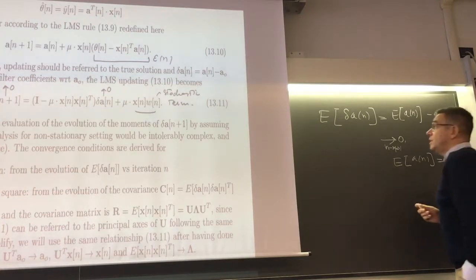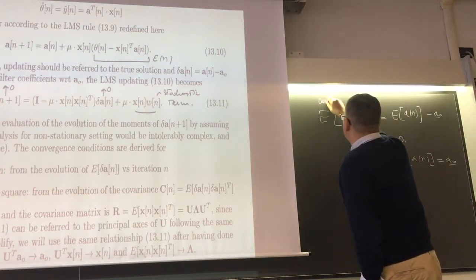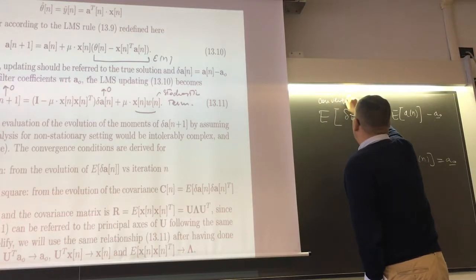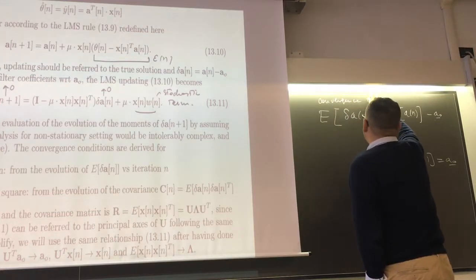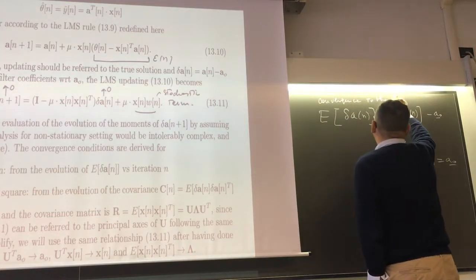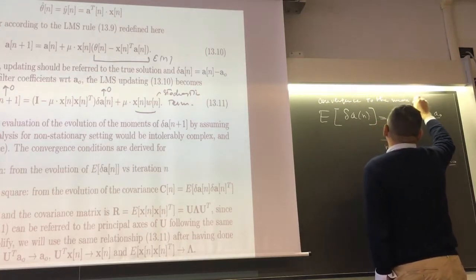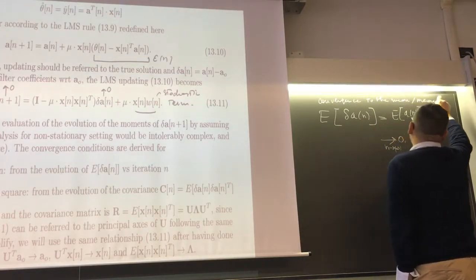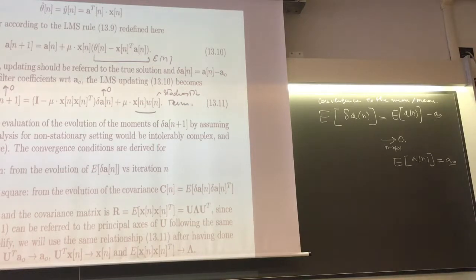So this is called convergence in the mean, which is equivalent to having an unbiased estimate.